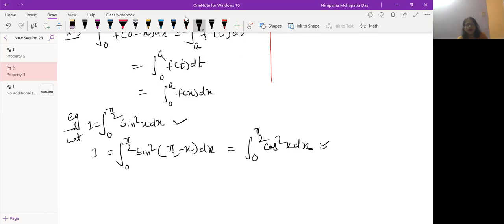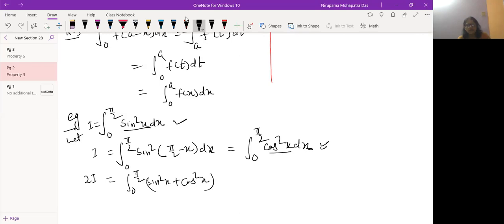So I equal to integral 0 to pi by 2 sine square x dx. Now the integral has become 0 to pi by 2 cos square x dx. So if I add the two, what will I be getting here? Now 2I, adding the two, I can get here integral 0 to pi by 2 of sine square x plus cos square x dx. It means sine square x plus cos square x, right?